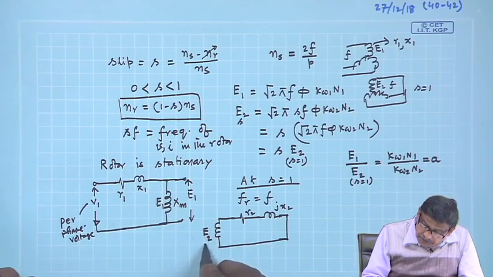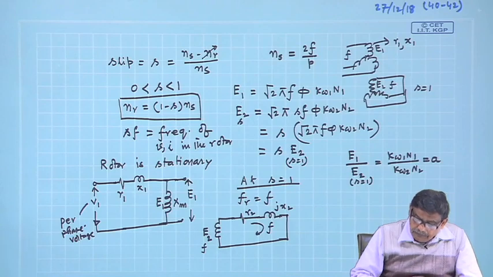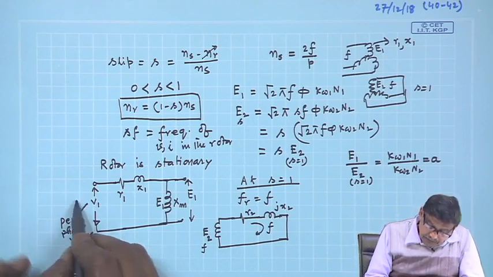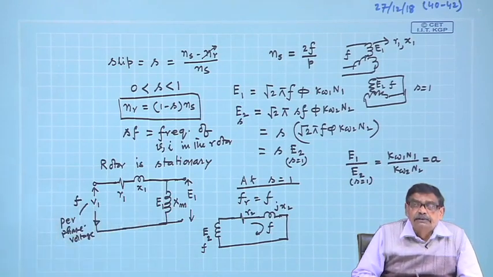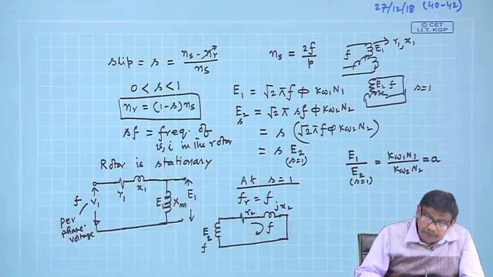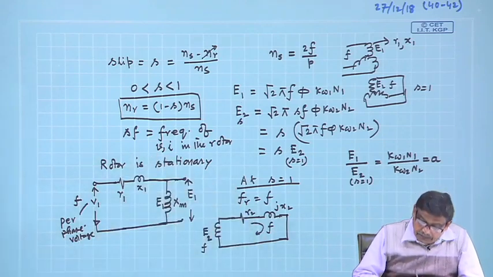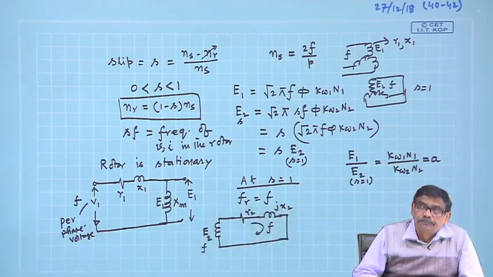The frequency of E2 is f, and the frequency of any current here is also f. Therefore, it is just like a transformer. The supply voltage is of frequency f. After subtracting the small drops in R1 X1, whatever voltage is available will be across the magnetizing reactance and so on, and this is R2 X2.